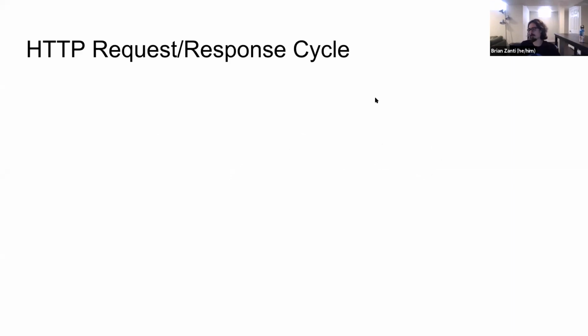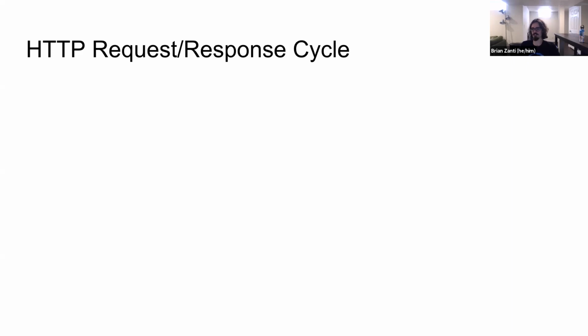Just to wrap up on the HTTP request response cycle, right now where I would want you to be is, okay, there's this HTTP thing. It's the rules for clients and servers. There's a lot to know about HTTP, and we're going to break that up into several classes. We're not going to just dump it all on you right now. What's really important right now is the vocab words that we talked about of client and server, and knowing that in the HTTP request response cycle, there is a request initiated by the client and the server is going to send the response.